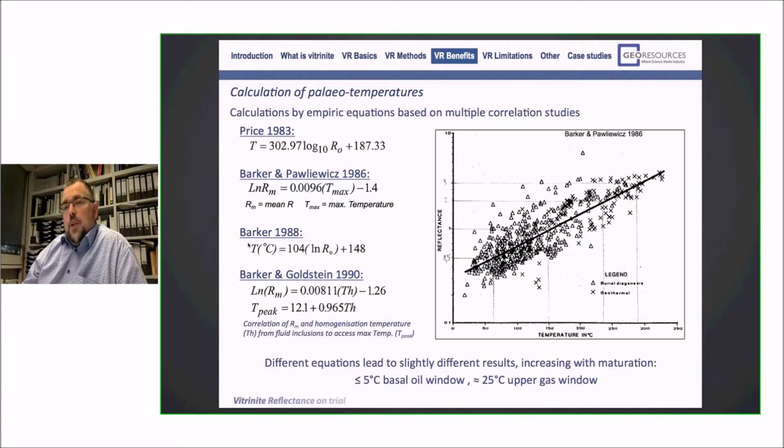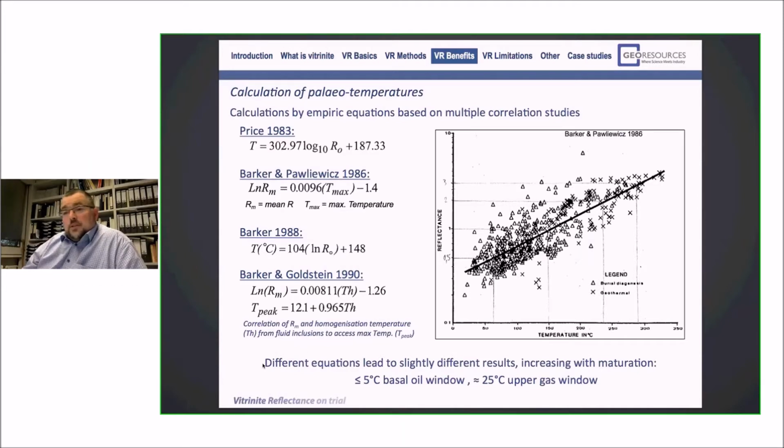Of course, if you see the different equations, it would be really wonderful if they would all come to the same results. Of course, they do not. The different equations lead to slightly different results because they are all a sort of description of this correlation, which is not exactly working well for all the particles.